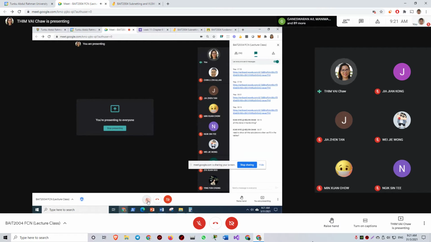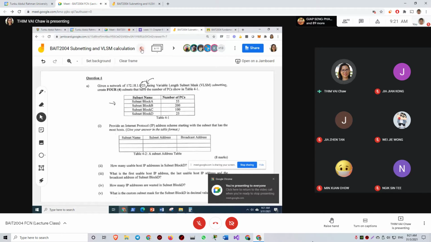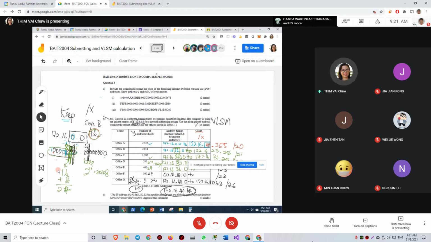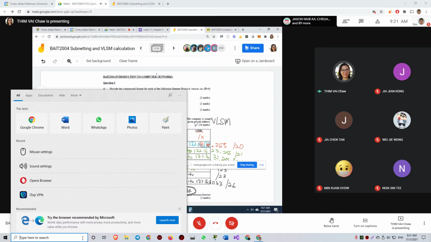So, Kelvin, answering your question: just now, you had this kind of calculation over here. You are not required to show me all these calculation steps. You can directly redraw this table on your question paper and fill up the blanks here.